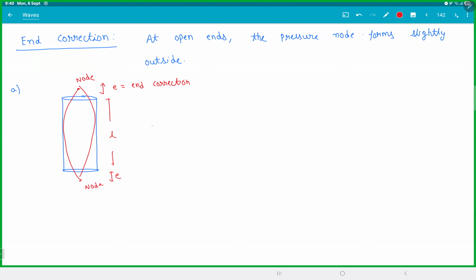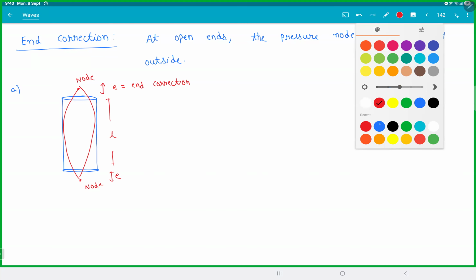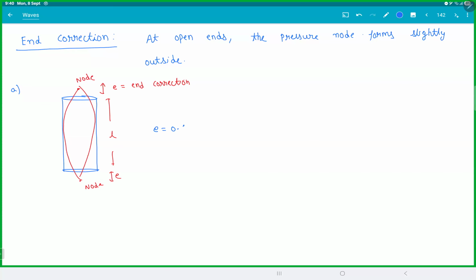So E is given by 0.6 times radius, or 0.3 times diameter. Same thing.